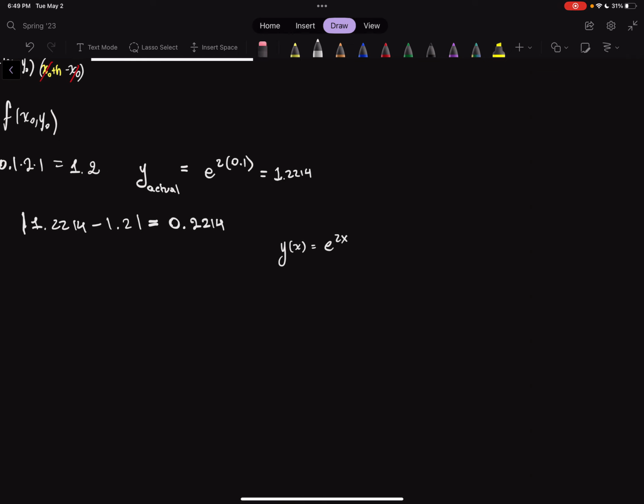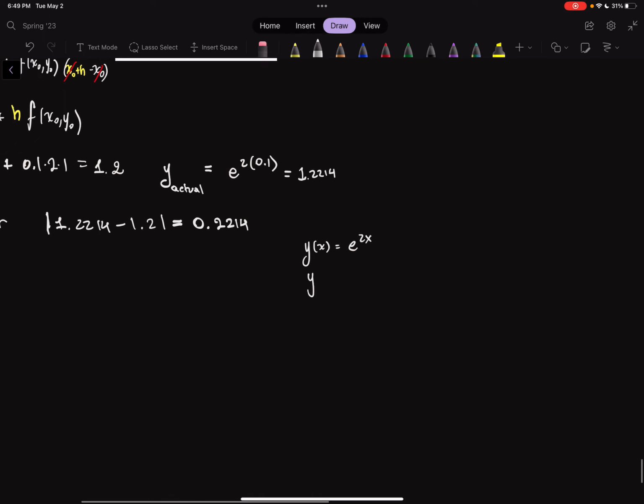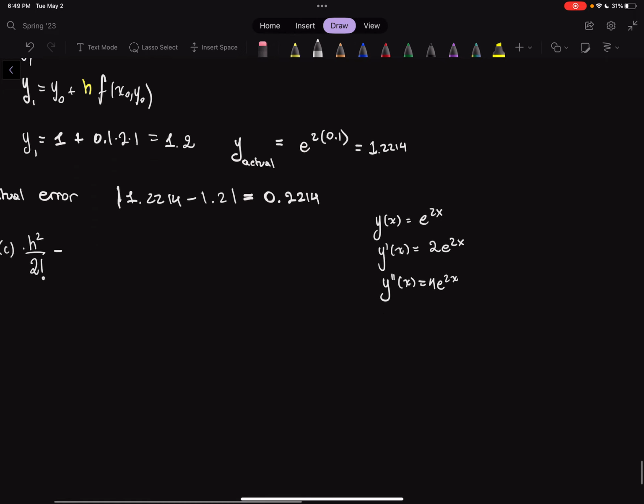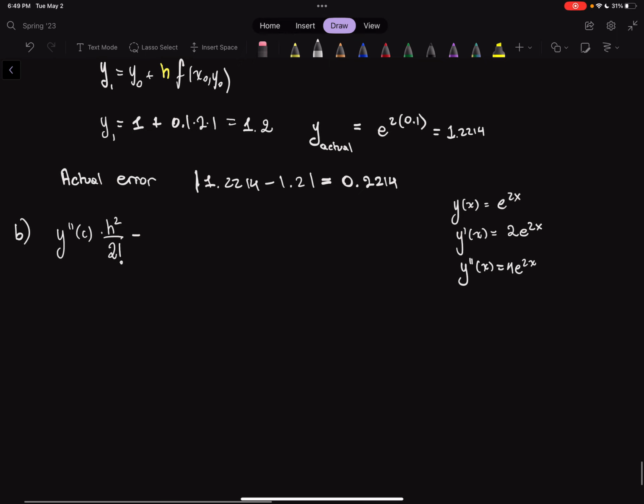So if we take the double derivative of that, we get what? Well, the first derivative is going to be equal to 2 e to the 2x. The second derivative is going to be equal to 4 e to the 2x. So now we can say that this is equal to 4 e to the 2x times the step, which is 0.1, squared, divided by 2 factorial.